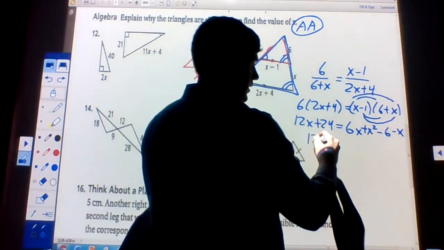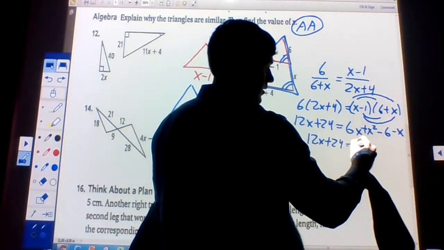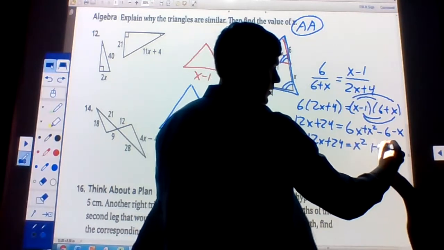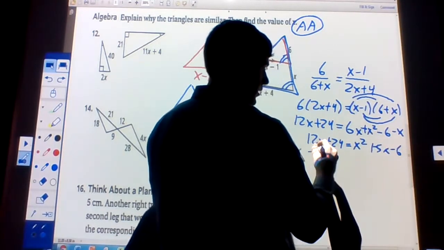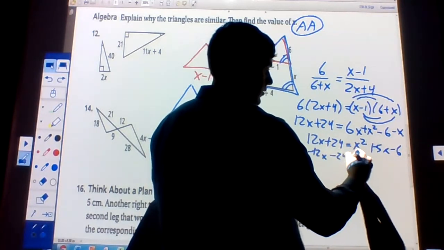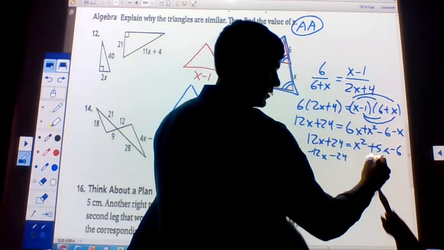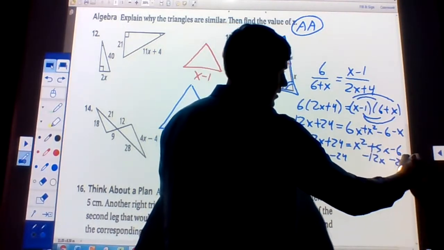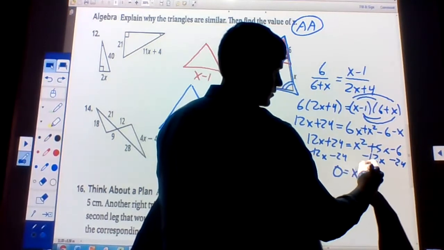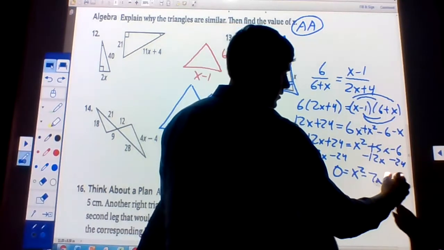So we have 12x plus 24 equals x squared plus 5x minus 6. If you subtract 12x and 24 to the other side, we get 0 equals x squared minus 7x minus 30.